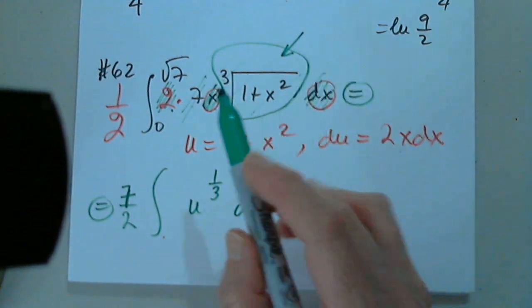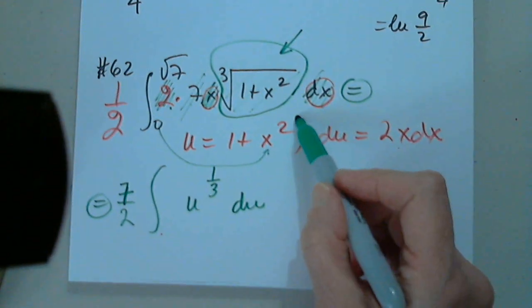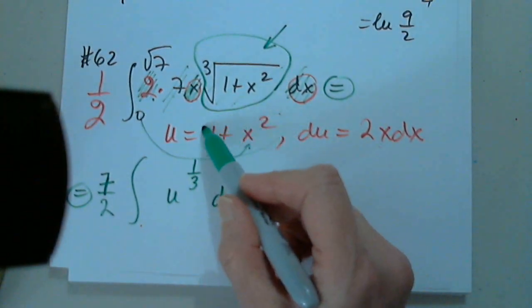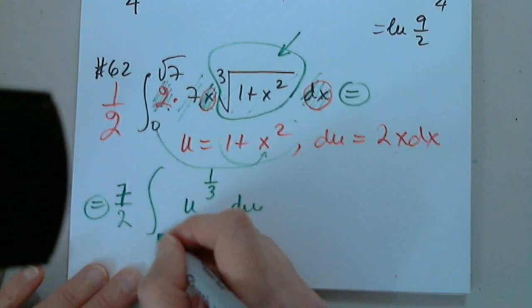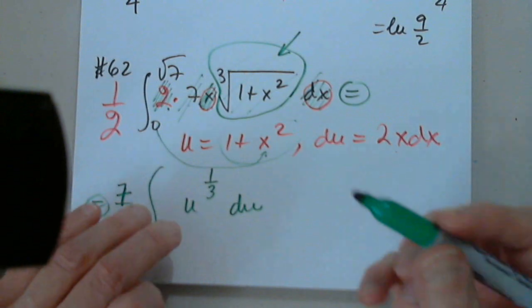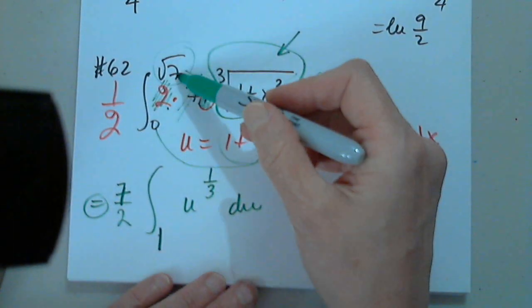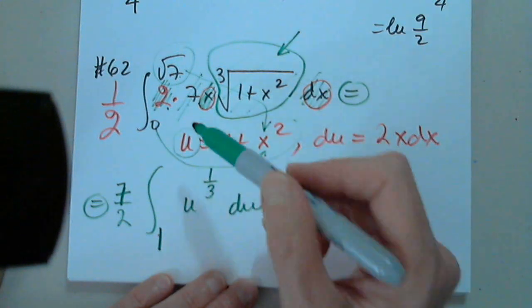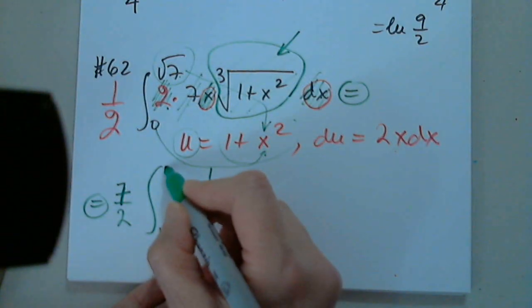Careful now. When the limit of integration for x is 0, what will the lower limit for u be? 1. Perfect. When the upper limit of integration for x is the square root of 7, what will the corresponding upper limit for u be? 8.